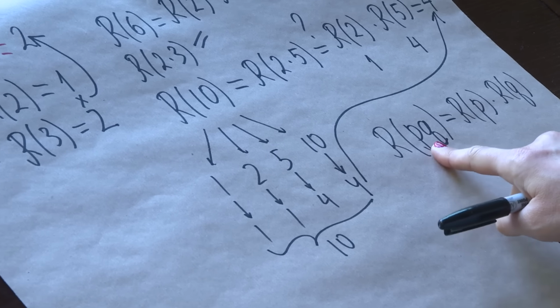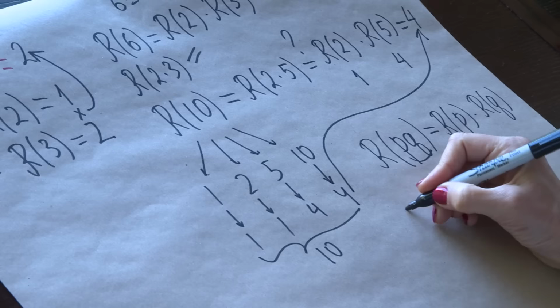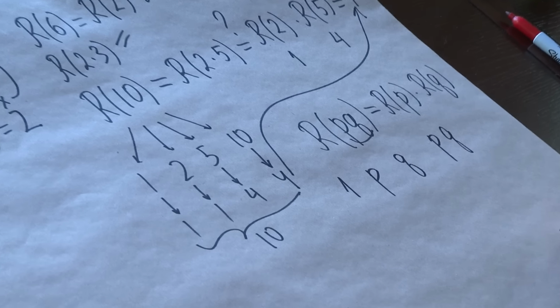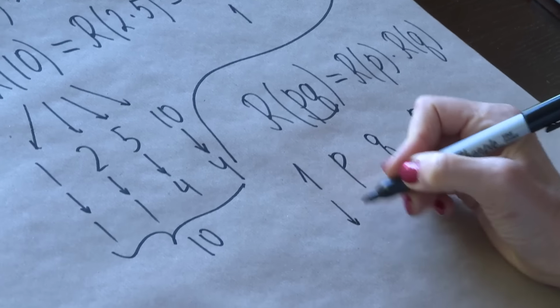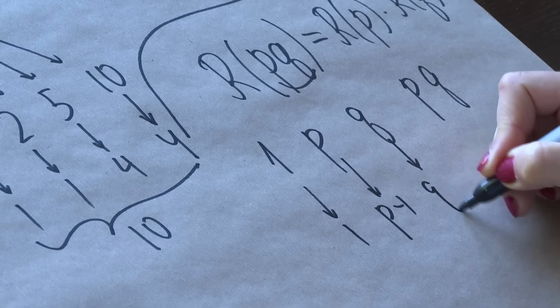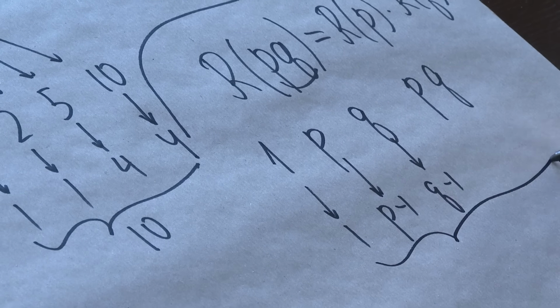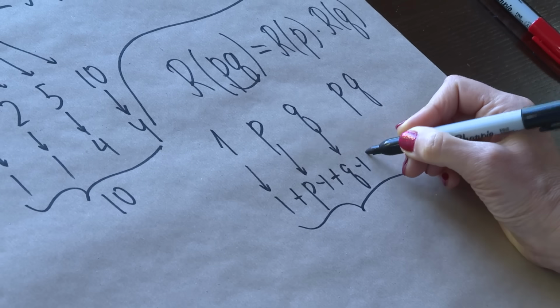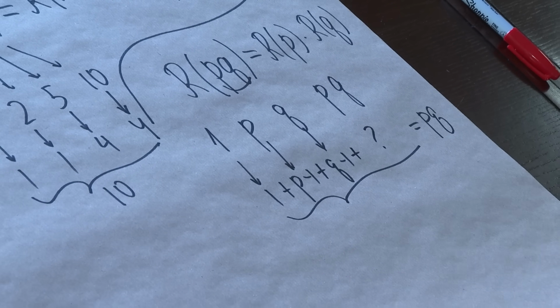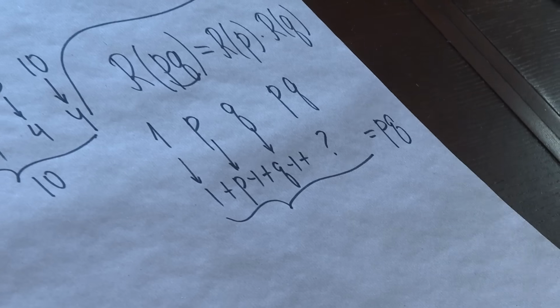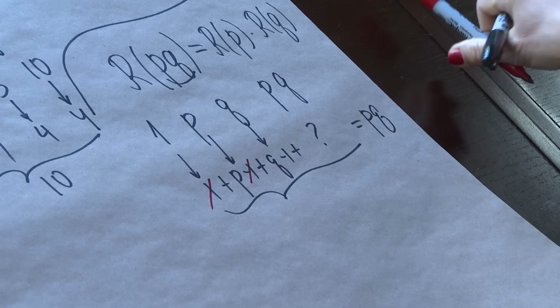because the divisors of this number are 1, P, Q, and PQ, right? So you're going to say this is on 1 ticket, this is on P minus 1, Q minus 1. How much is left for the whole thing to equal PQ? Right, okay. Well, the ones are going to cancel, those 2.